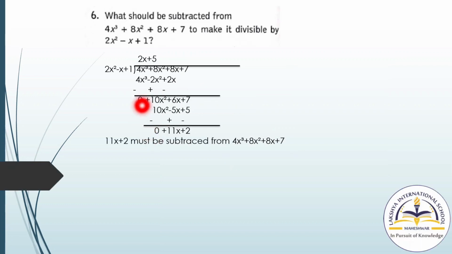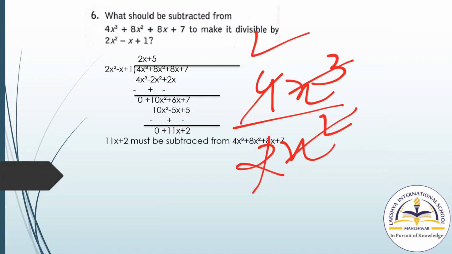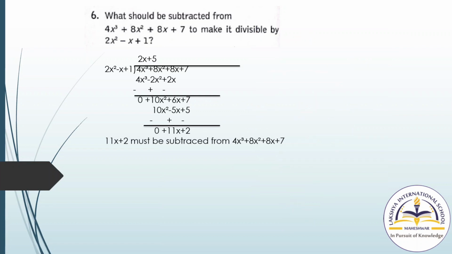Now question number 6, what should be subtracted to make it divisible by this one? Okay, so here we have written the dividend, and here we have written the divisor. Now again you have to divide 4x cube by x square. 1, 2, okay, so 2x will be the remaining term.